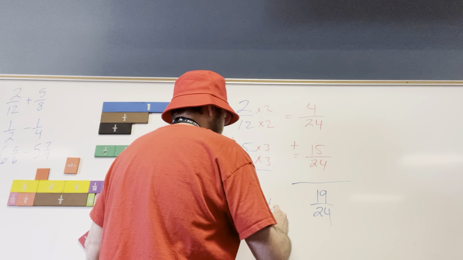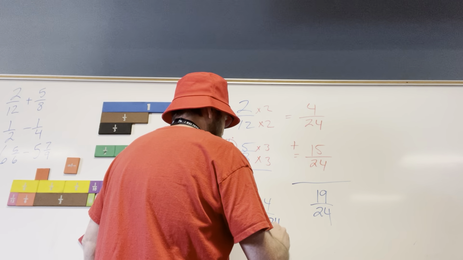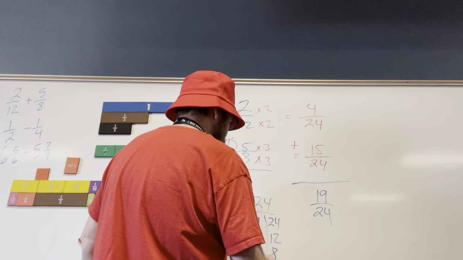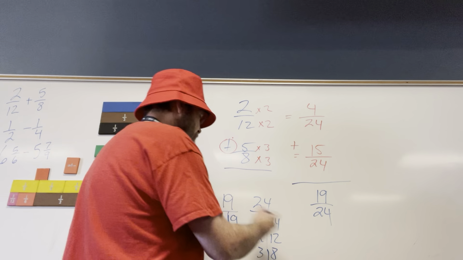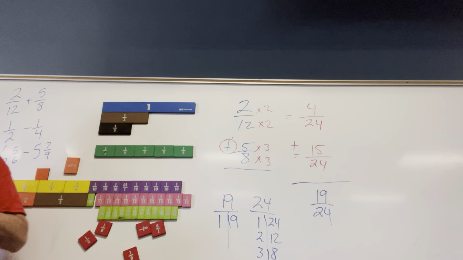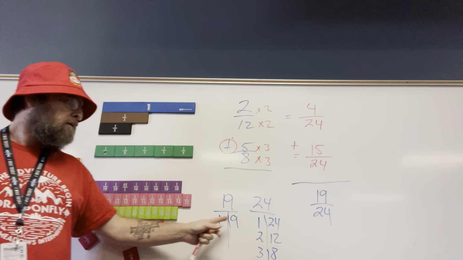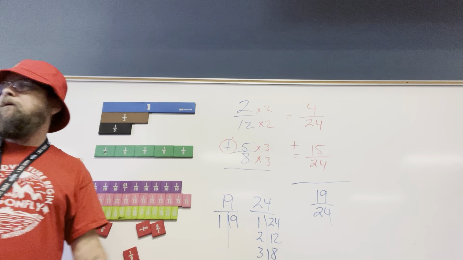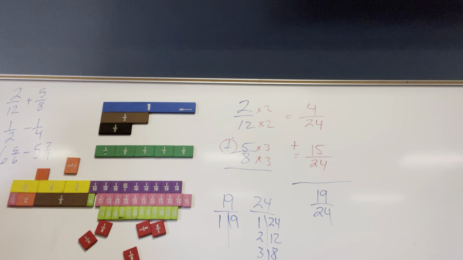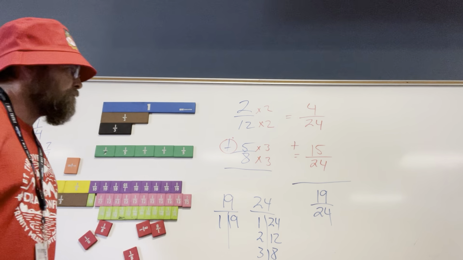Let's look at 24. We always start with 1 and 24, 2 and 12, 3 and 8, 4 and 6. So what's the biggest number they have in common? 1. The only number they have in common is 1. If the only number they have in common is 1, that tells me that answer is already simplified.